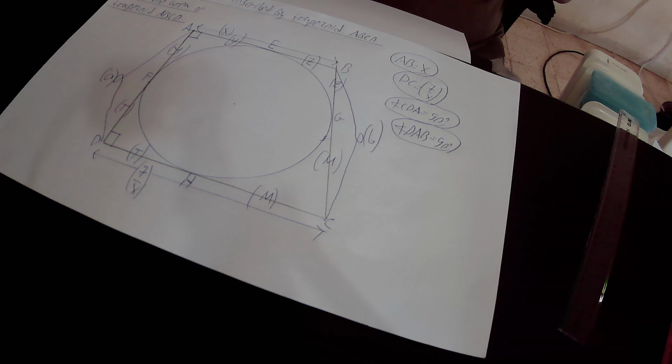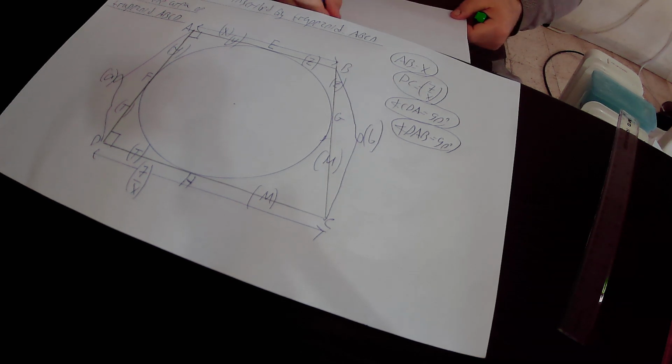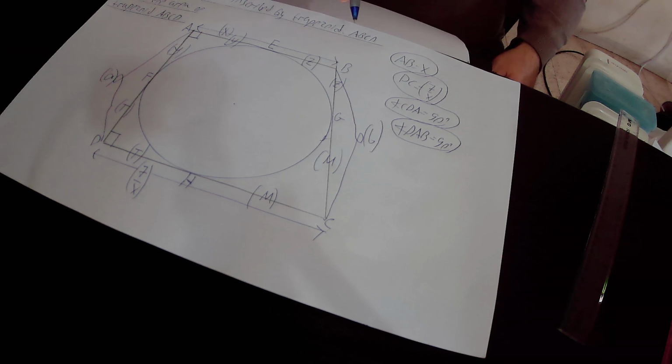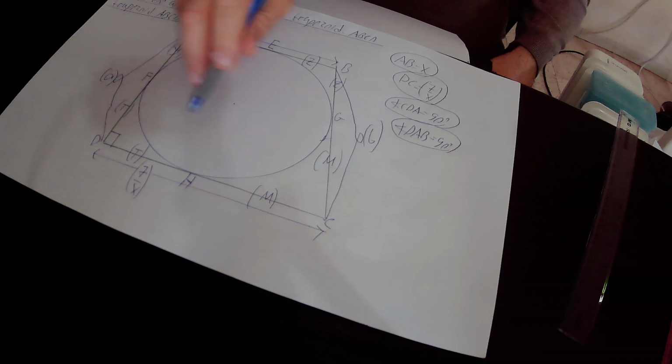Okay. In the next step, we'll do a construction. From point B, we will draw a perpendicular on DC.